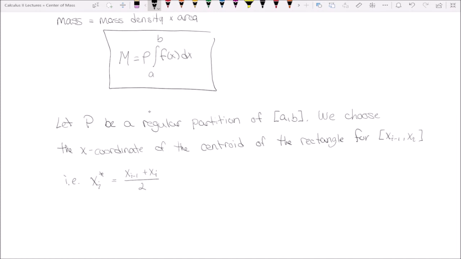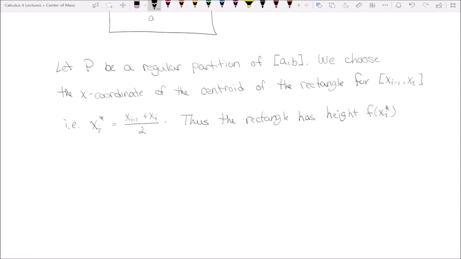This means we construct the rectangle to have height f of x sub i star. Meaning that the y-coordinate of the centroid is the point that divides the rectangle in half.